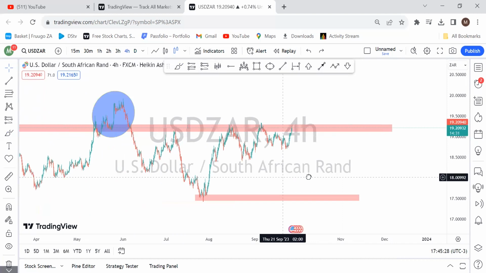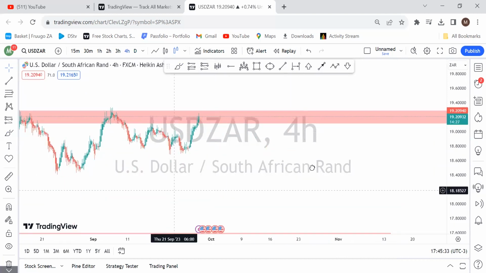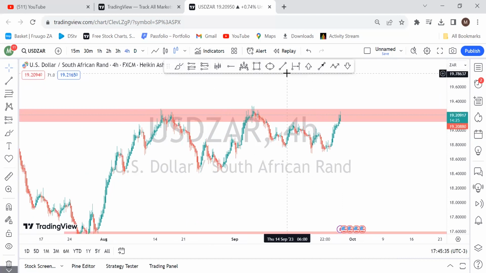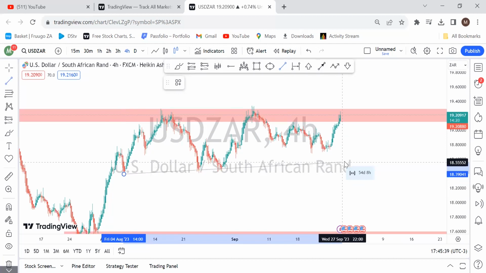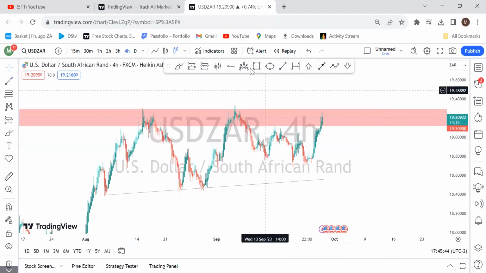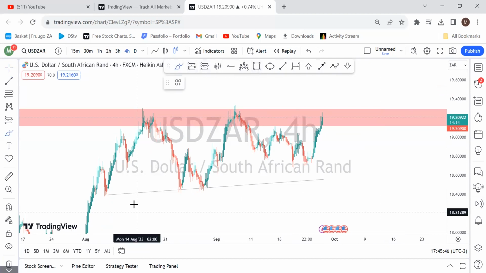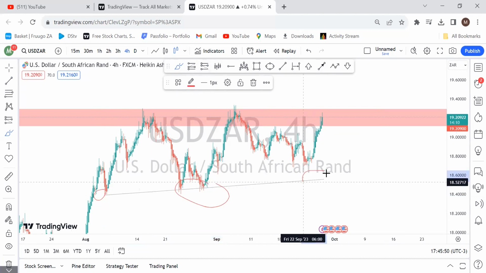So what you need to do is figure out the support, which is basically this. So with this one, we had this as our first touch, second touch, and the price hasn't really touched for the third time.